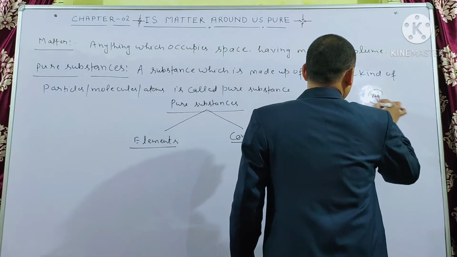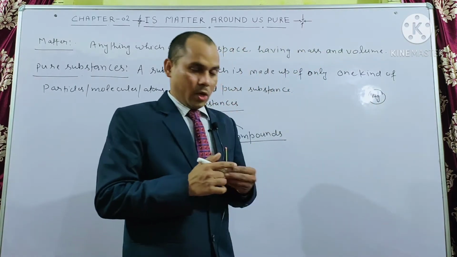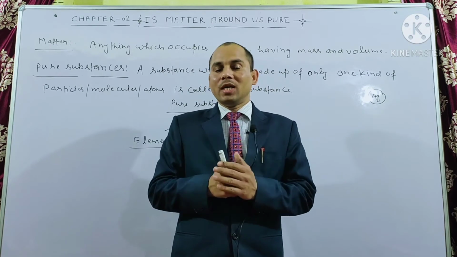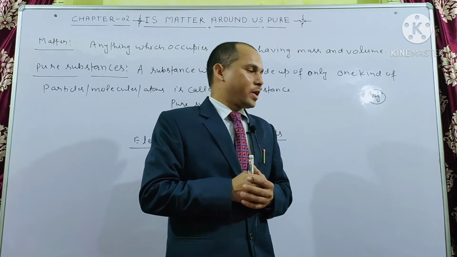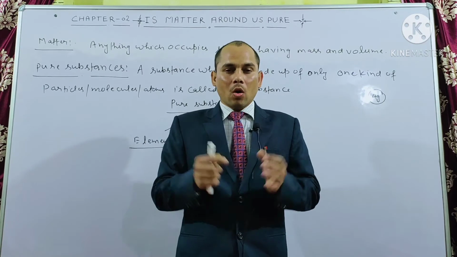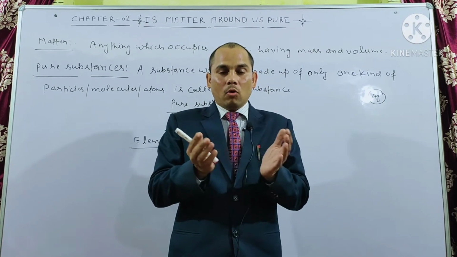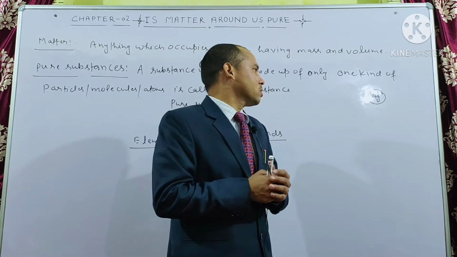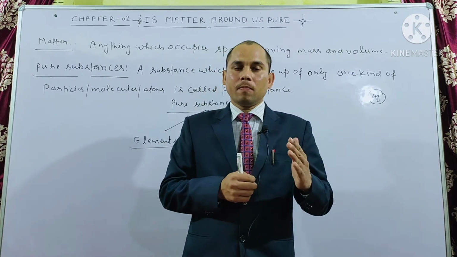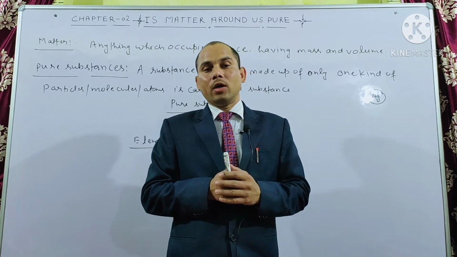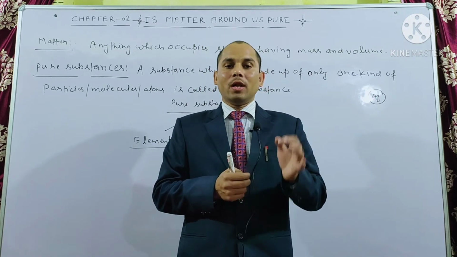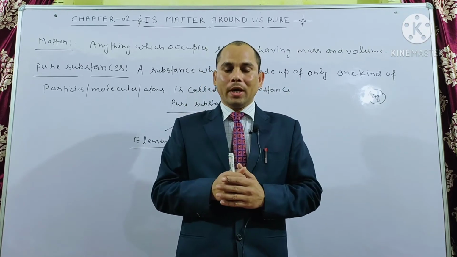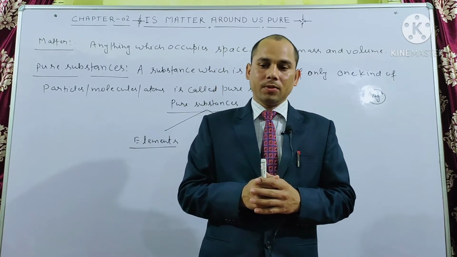If you take a piece of silver, all the atoms present in it are silver atoms. If you take a piece of gold, all the atoms are of gold. So a substance which is made up of only one kind of atoms, the same type of atoms, is called an element, right?